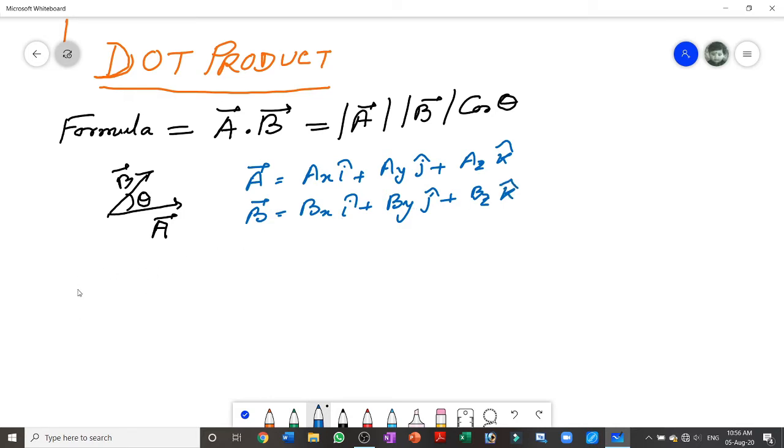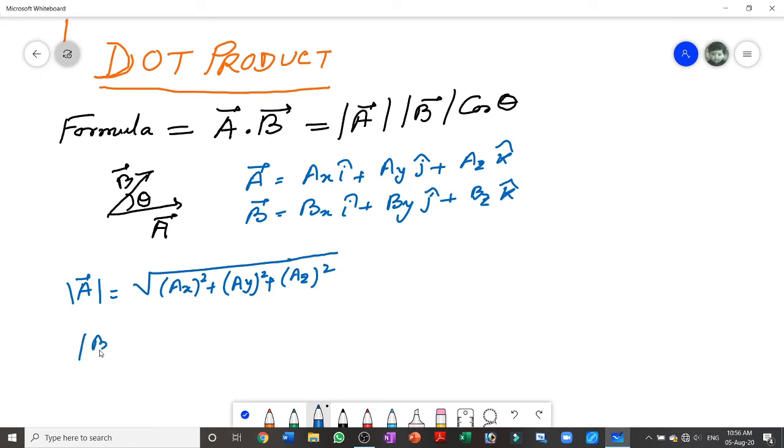So now mod of a vector will be given by root under ax whole square, ay whole square and az whole square.